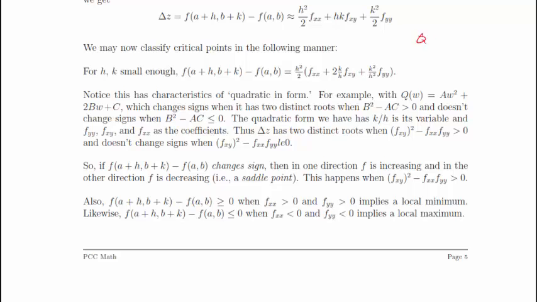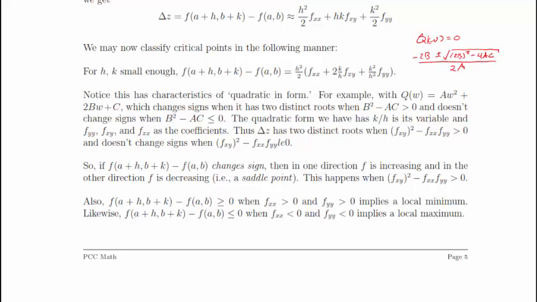If I set q(w) equal to 0, this happens using the quadratic formula at negative 2b plus or minus the square root of 2b squared minus 4ac, all over 2a. And this has two solutions.